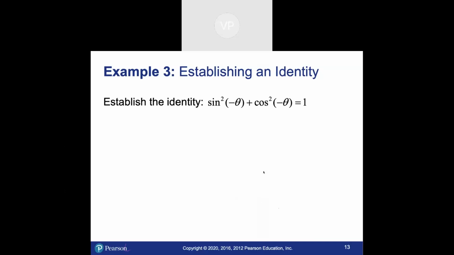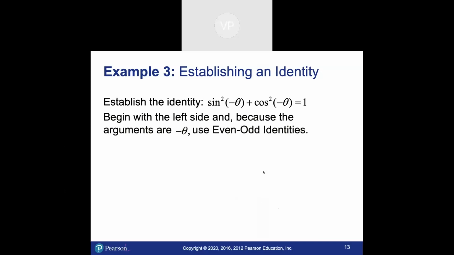All right. Now, on this one, same kind of thing that you learned before, but you've got to remember a couple of things. Remember the even-odd identities here. When you have sine of a negative angle and cosine of a negative angle, negative theta, I should say, you can rewrite those. Now, the first important step is not forgetting what it means when you have this. The square means it's the entire quantity squared.